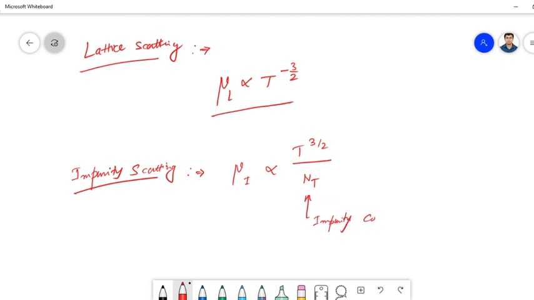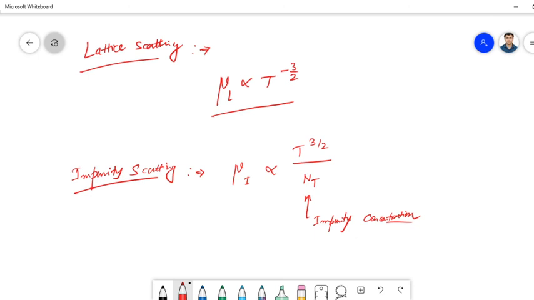As you can see, as the impurity concentration increases, your mobility decreases because scattering increases, and as the temperature increases, your mobility increases because scattering decreases. So that's all about the mobility.